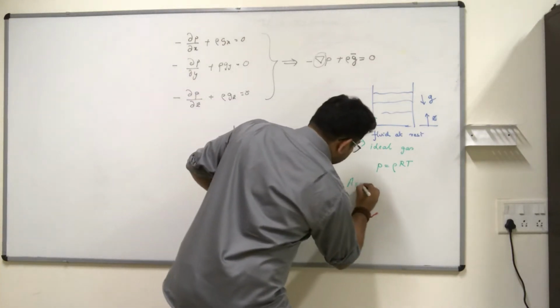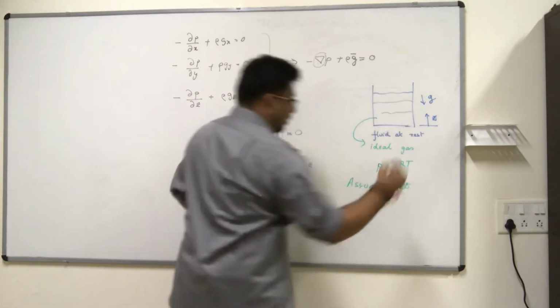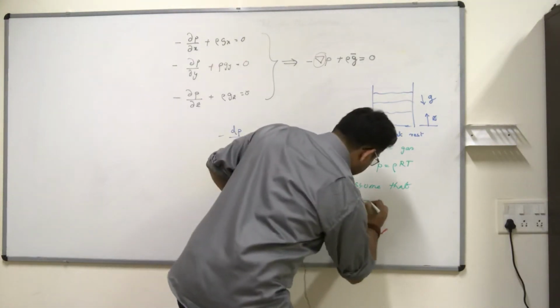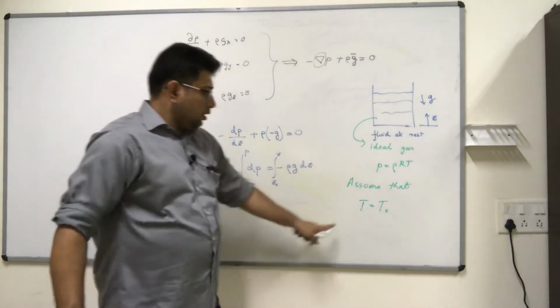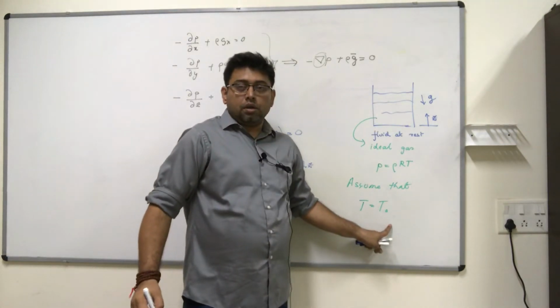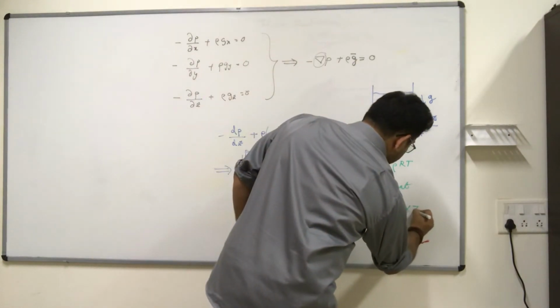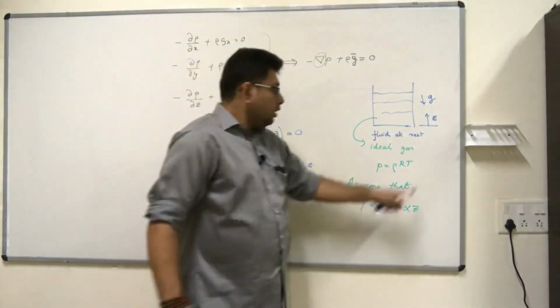Assume that the temperature T decreases from some T naught by some constant times Z, Z being from the datum.